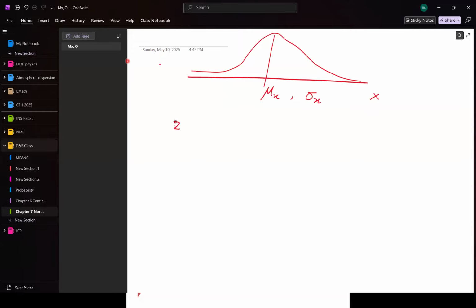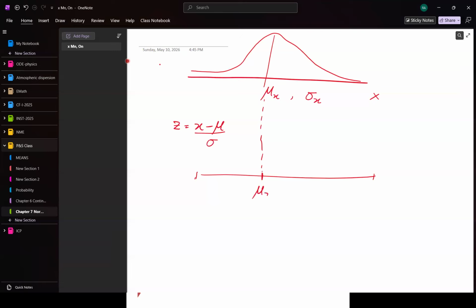However, with our standard transformation, z equal to x minus mu over sigma, the new variable will transform the center of z to 0.